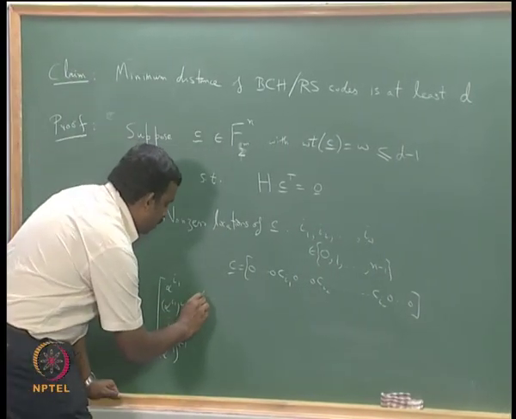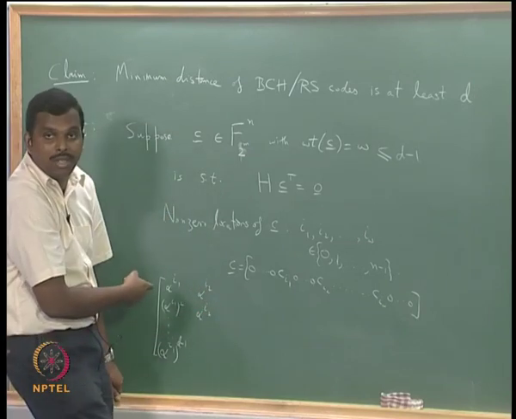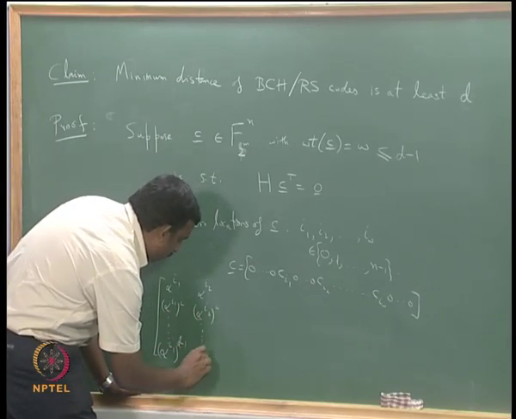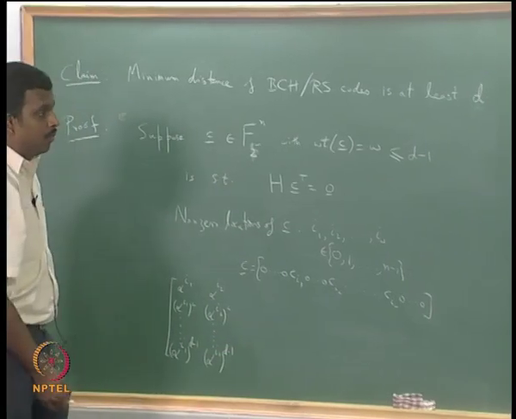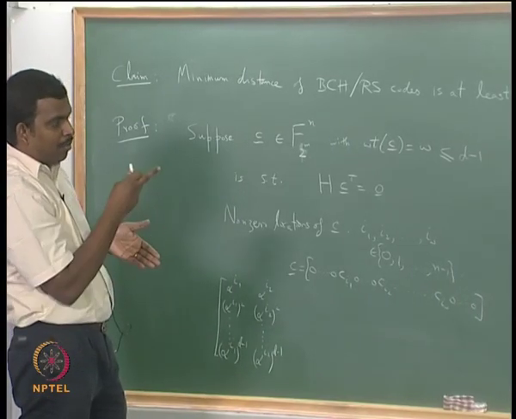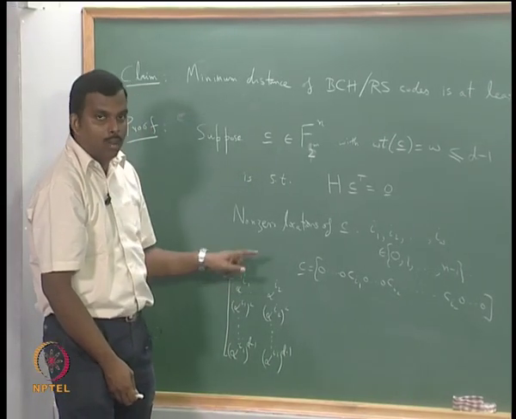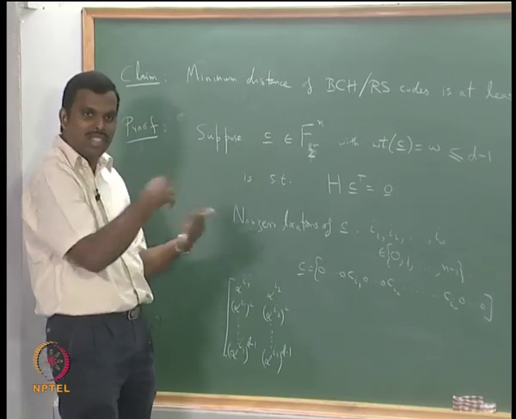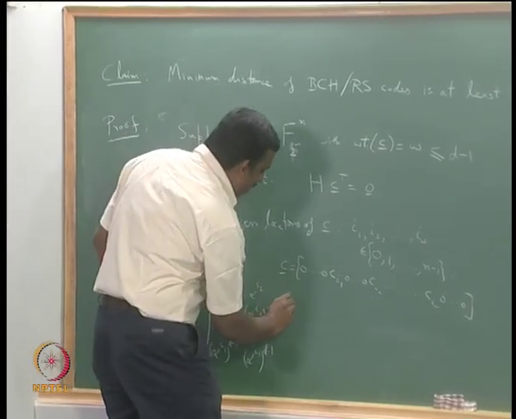Second column, alpha power I2, alpha power I2 squared, down to d minus 1. I think I have done an interchange from the way you are used to. There it might have been alpha I1, alpha squared power I2, alpha power d minus 1 raised to the power I1. I am just using the commutativity of multiplication, if you will. It is not a big deal.